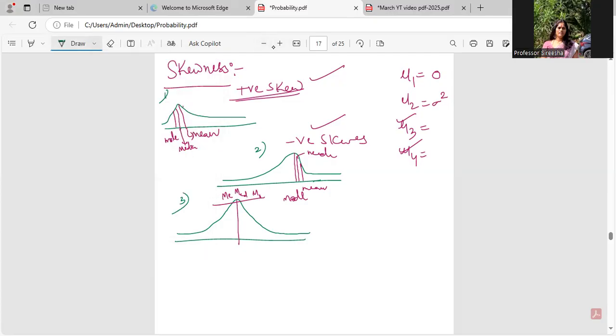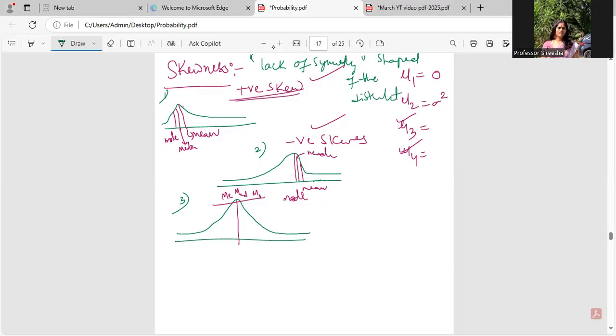Clearly, looking at the curves, I can put it like this: lack of symmetry is skewness, in the shape of the distribution of the data that's been given.